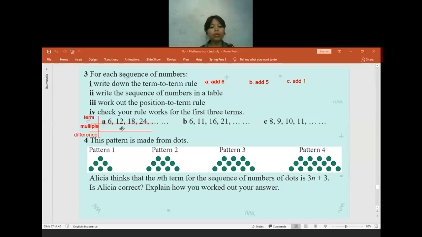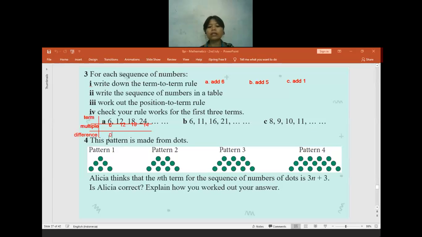So how many will be the difference? 6. Sorry, my handwriting is a bit overlapping. After 18 it will be 24. So we can find the difference. The difference will be 0.